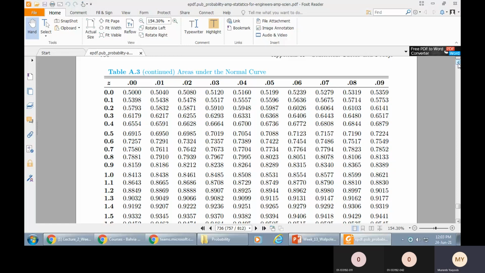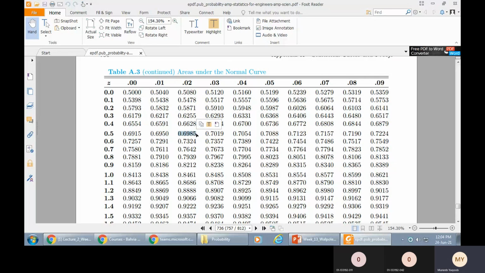So for probability of Z less than 0.52, we will go towards the right-hand side from the row of 0.5, and go downwards from the column of 0.02. At the junction of 0.5 and 0.02, the probability is 0.6985. This probability represents the probability of Z less than 0.52.